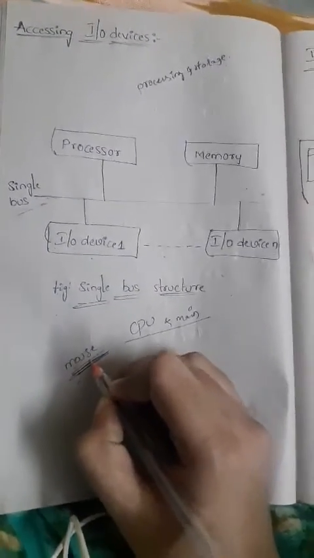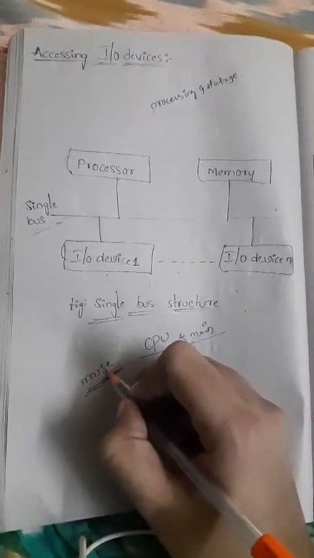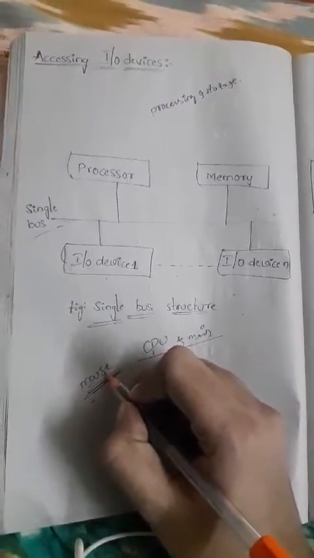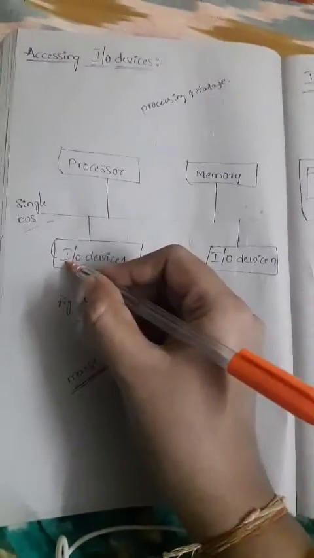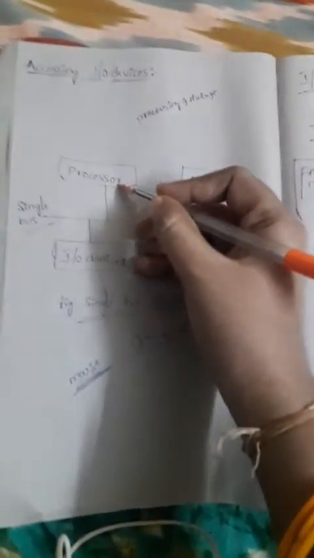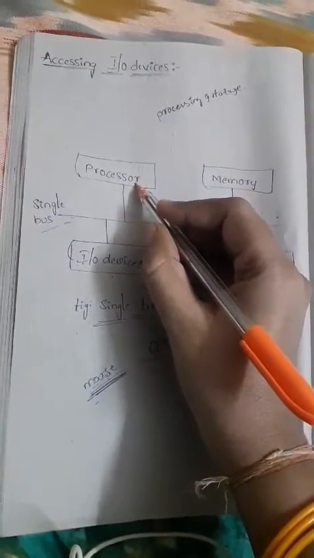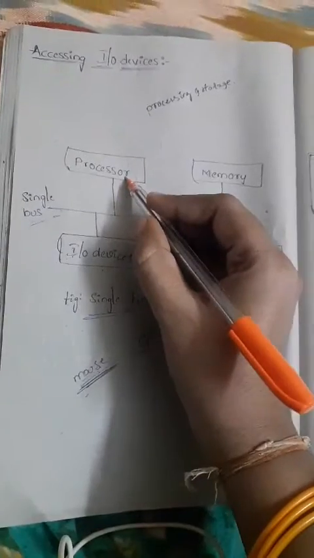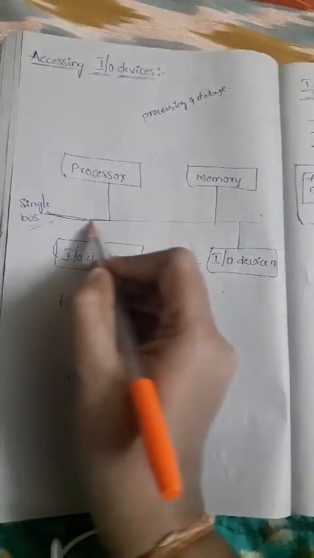Whenever the user uses a mouse, that request signal will be passed from the input device to the processor. After that, how will the data be passed to the processor? The data will be passed to the processor with the help of a bus.